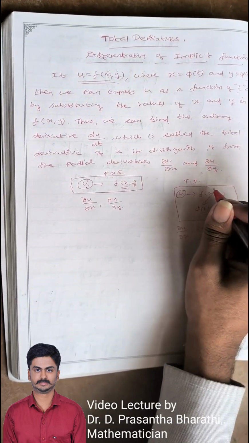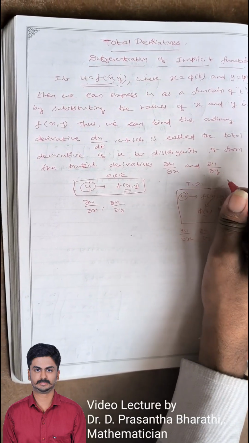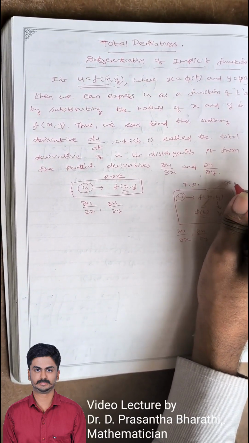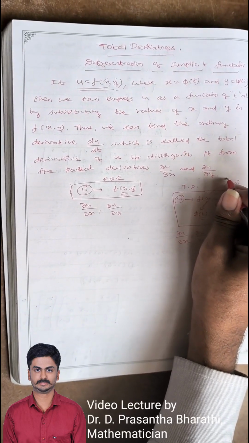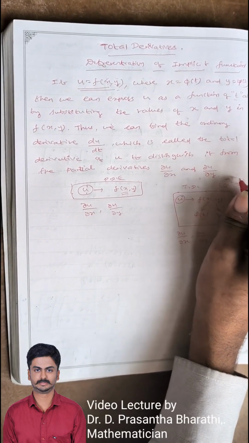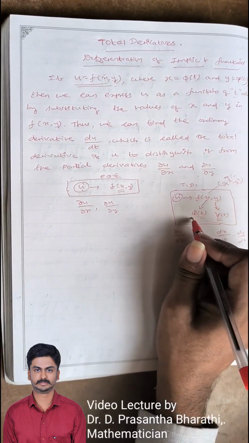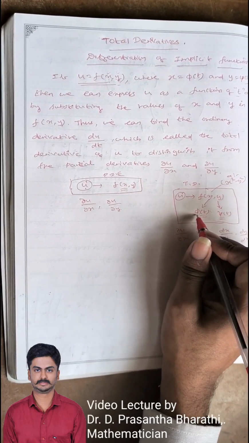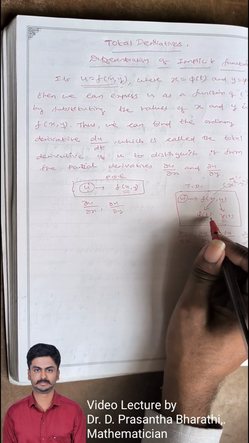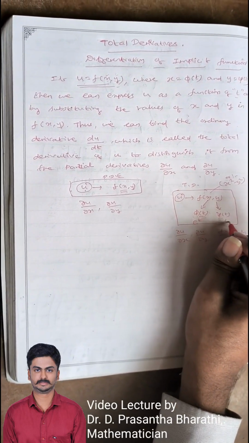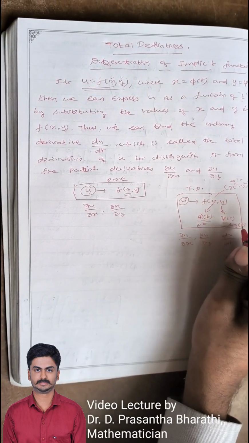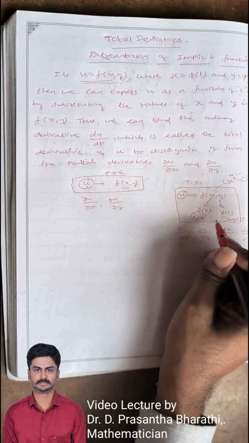So here it is a function of x comma y. For example, it may be some x square minus y square. Whereas this x is a function phi of t, it may be some e power t, it may be some log t. So these are two different functions.